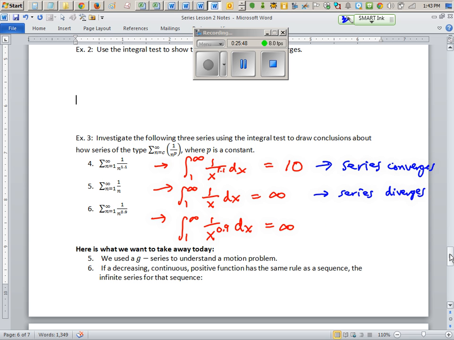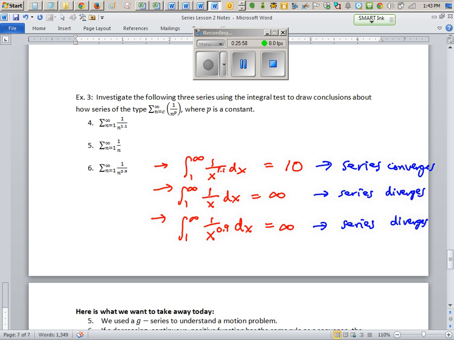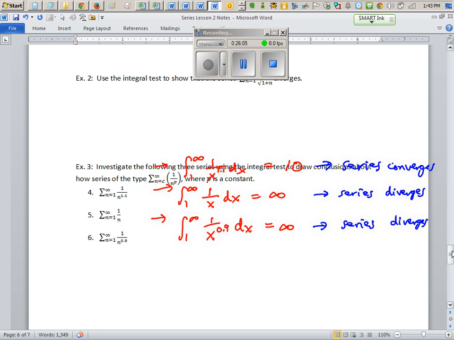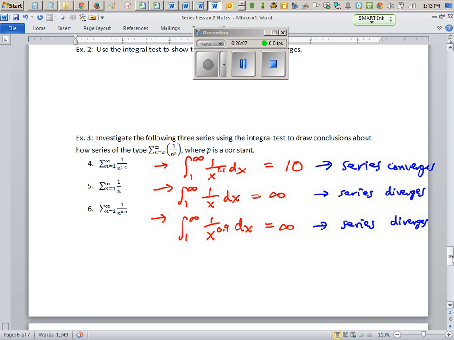This too diverges. So we turn these into integral problems, we check for convergence, and then we conclude.